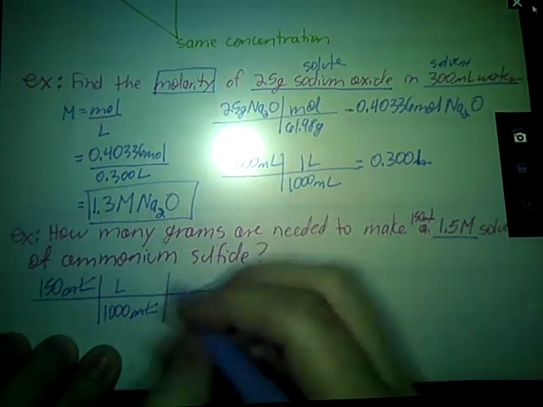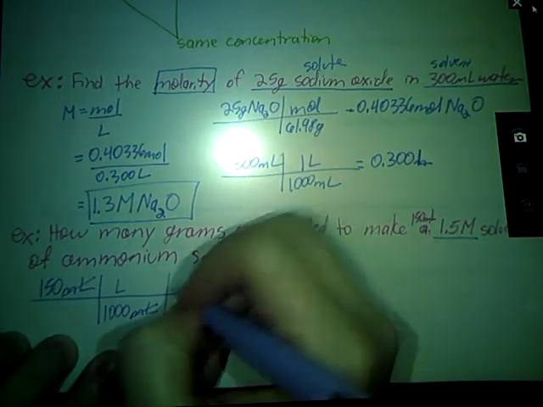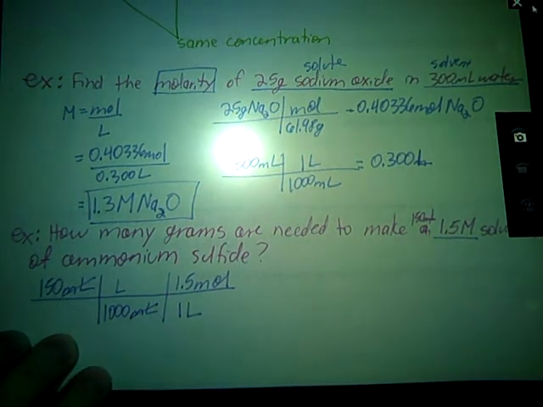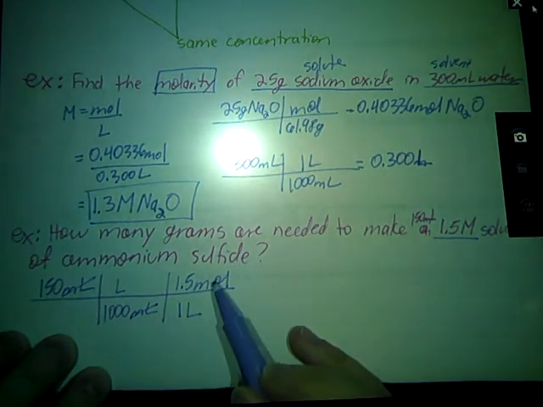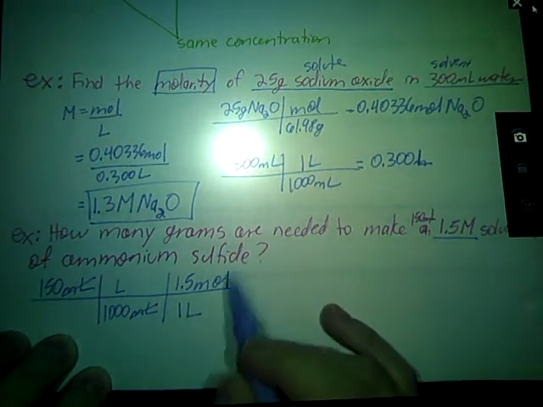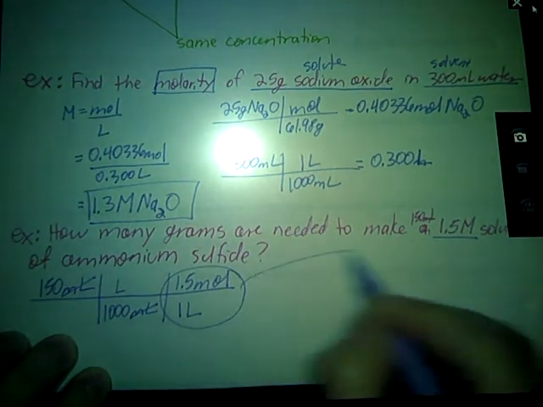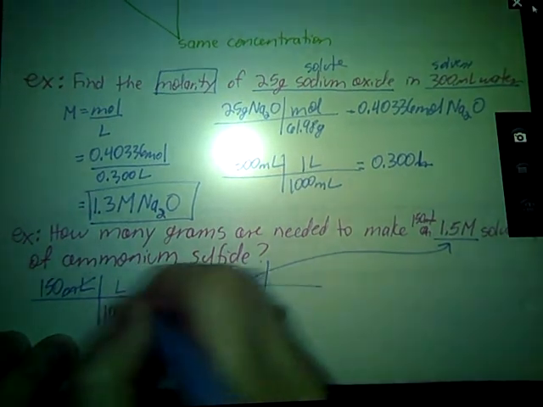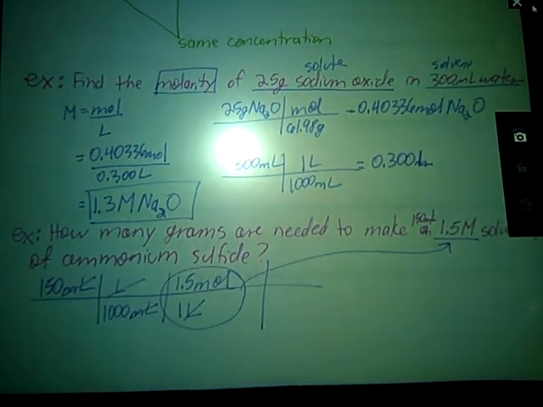So this is the same thing as 1.5 moles per 1 liter. This right here is my molarity. But we're not finished with that yet. My problem didn't ask me for moles, it asked me for grams.